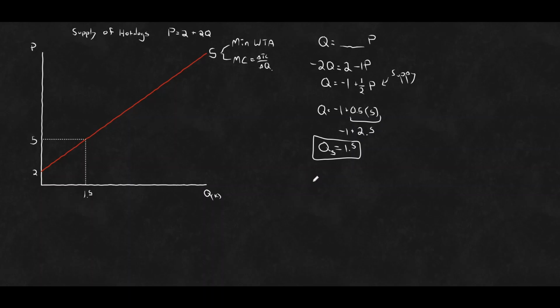One of the other big things, although we don't deal with it nearly at the same level of detail as we did with demand, is that we are also interested in what we would call our elasticity of supply. And our elasticity of supply is the same idea. It's saying, hey, how sensitive is our quantity supplied? So what is the percent change in our quantity supplied for some percent change in the price? If price changes by a lot, do we get a big change in our quantity supplied or a little change in our quantity supplied?